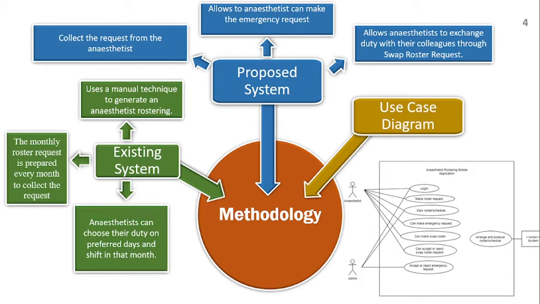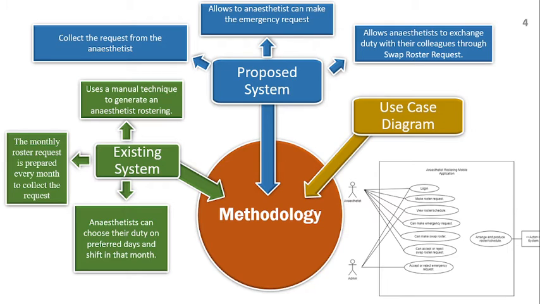So this is the methodology of this paper. It has three parts: part one is the existing system, part two is the proposed system, and the last part is the use case diagram.